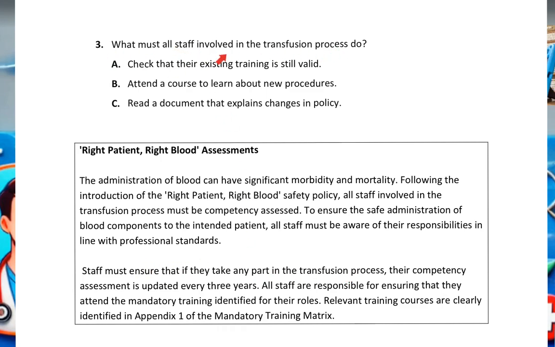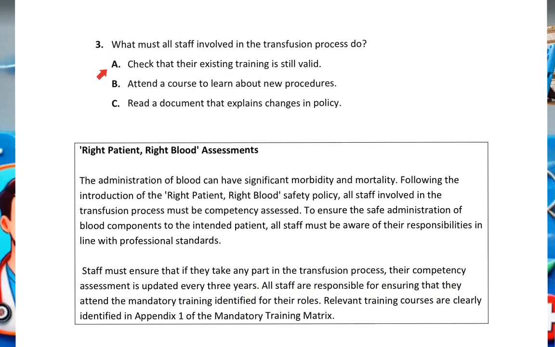All staff involved take part in the transfusion process, so it is a straightforward question which has been rephrased over here. So that is so simple, full stop. You can see that the sentence has ended over here.